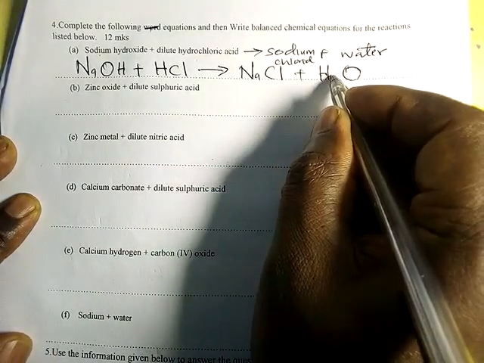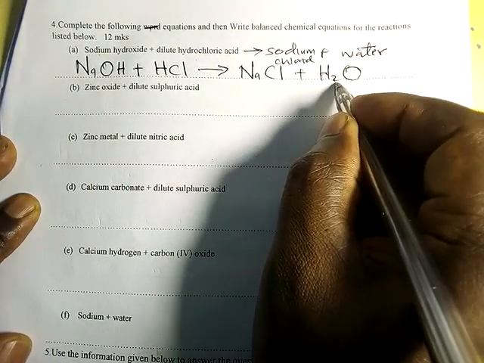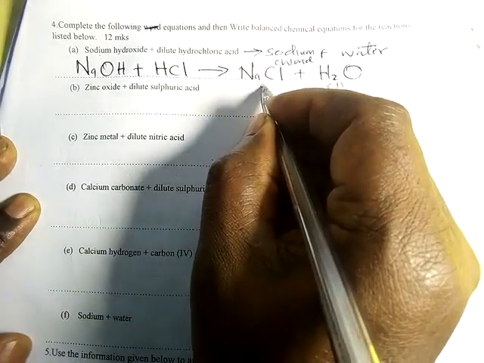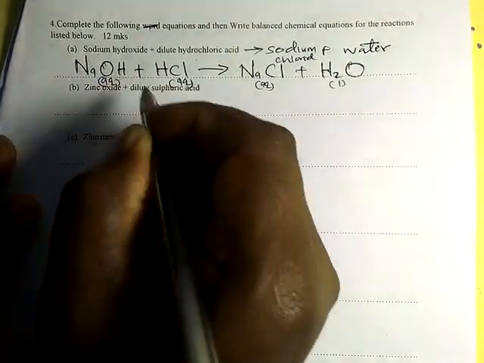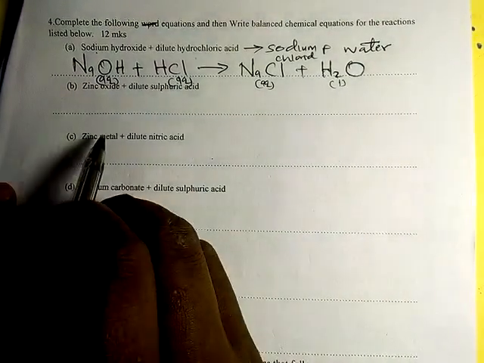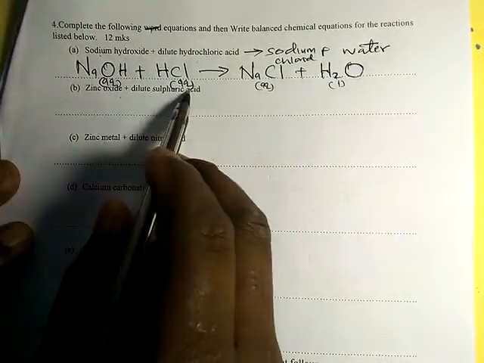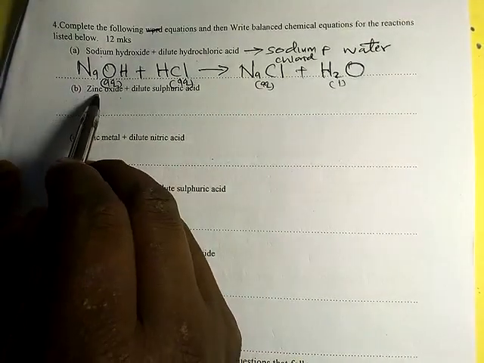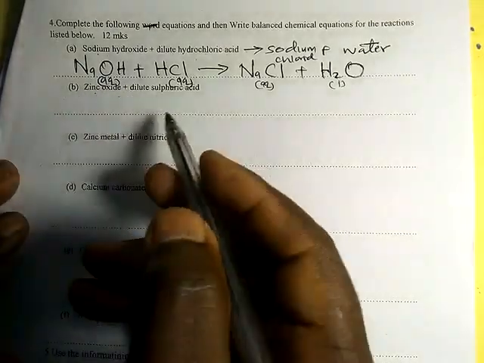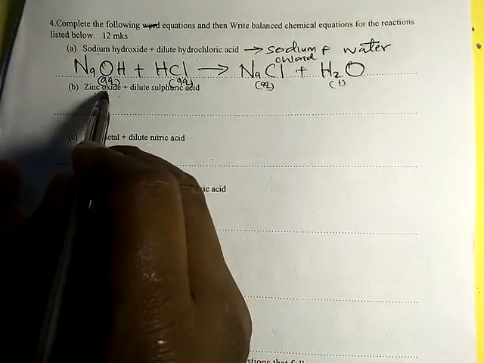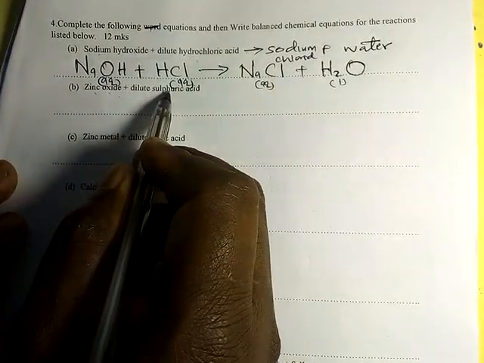The state symbols in Form 2, you will learn them. So this one is a liquid, this one is aqueous, this one is aqueous, and this one is aqueous. Zinc oxide plus dilute sulfuric acid. The oxides are bases, but in solid form. So this one will give you salt plus water.